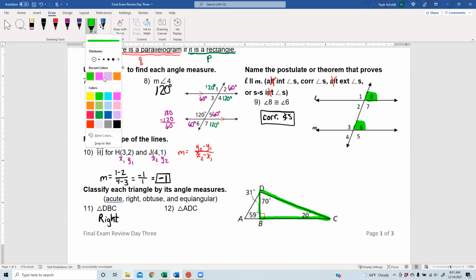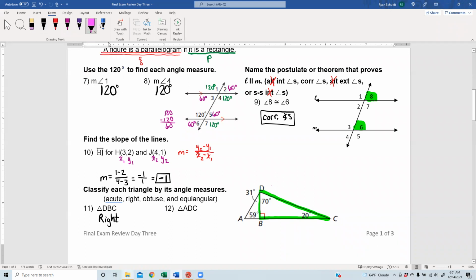Then they ask us about ADC. So ADC, the whole thing. Now for angle D, we've got to be careful because it says part of angle D is 31, the other part is 70.